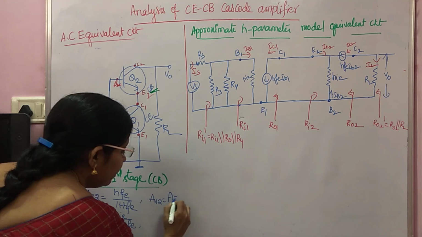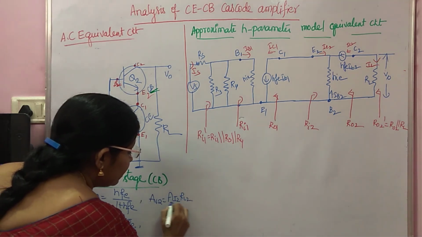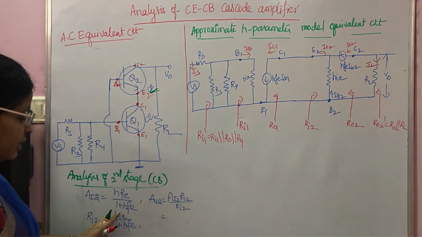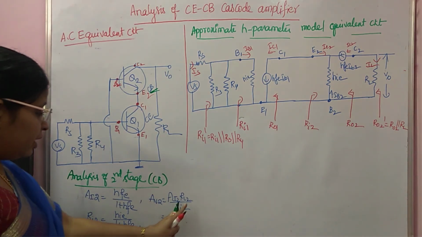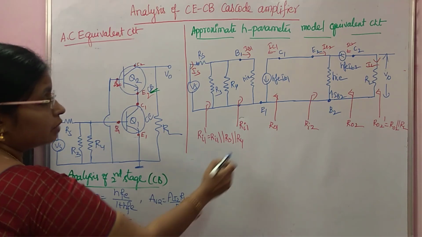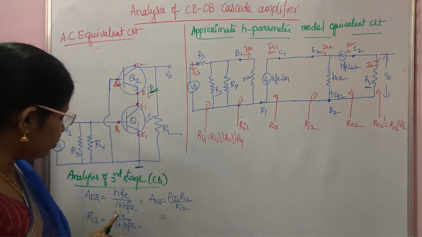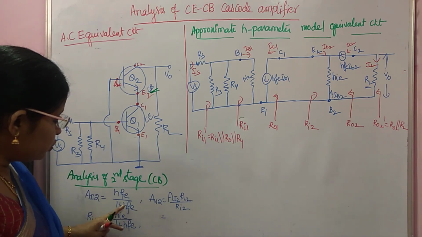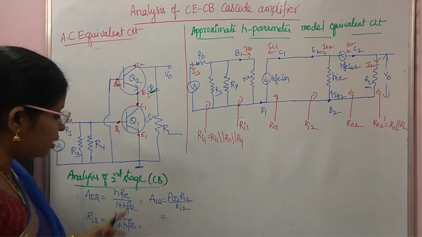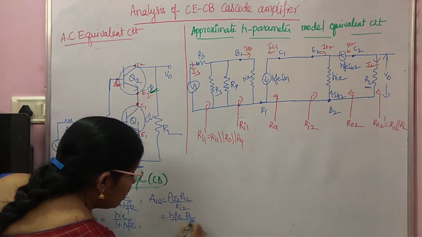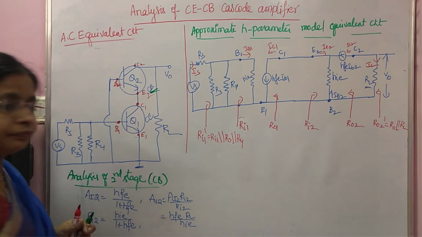AV2 is AI2 into RL2 by RI2. AI2 is HFE by 1 plus HFE into RL2, and RL2 is nothing but RL divided by RI2, HIE by 1 plus HFE. So these denominators are cancelled, and you are left with HFE into RL by HIE.